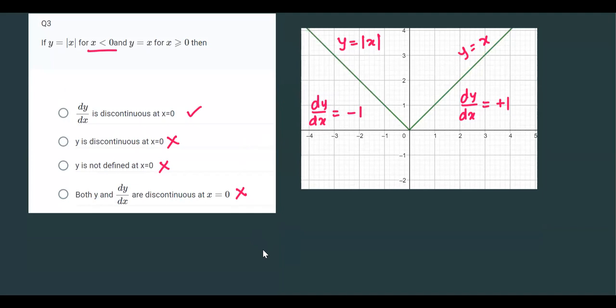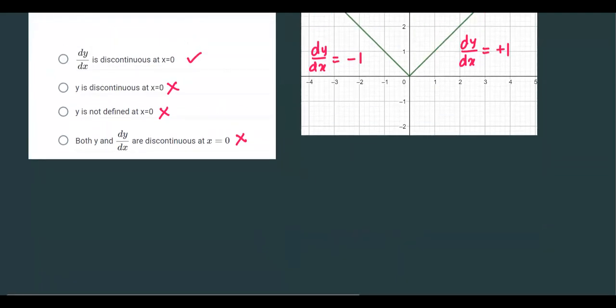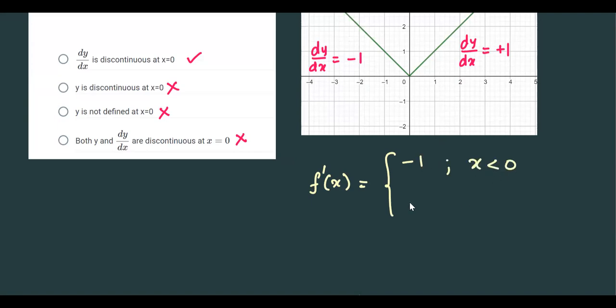-1 and +1. So now this function, dy by dx function, I will write this function as f dash x. F dash x is a function which is -1 for x less than 0 and +1 for x greater than 0.